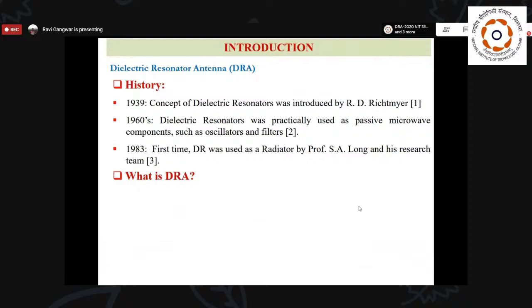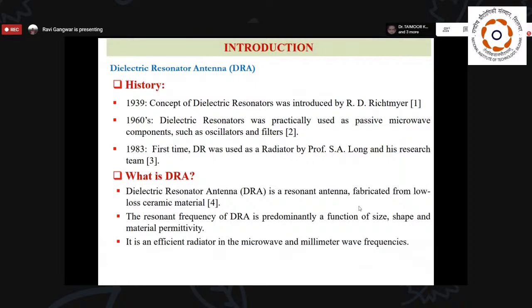So what is the DRA? The DRA is a resonant antenna fabricated from low loss ceramic materials. If we compare dielectric resonators and dielectric resonator antennas, there are small differences in the properties of their ceramic materials. For dielectric resonators, you require very high dielectric constant materials so that the quality factor is high and we can hold the electric field within the resonator, and then we enclose it with a metallic boundary so that it can be used for oscillator applications.